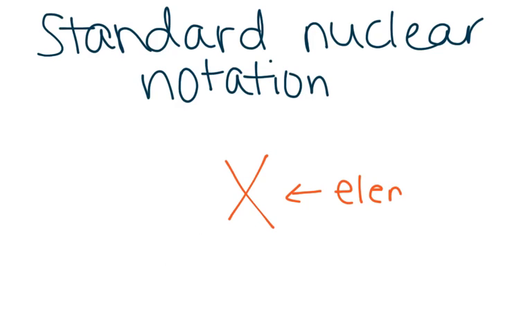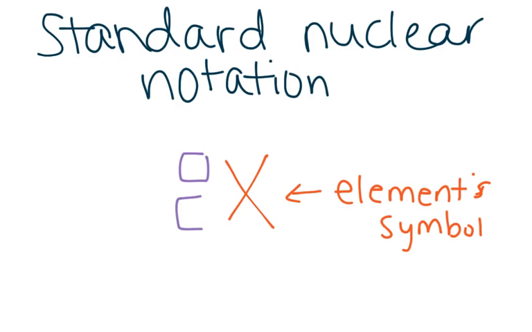So this is the element's symbol. And around the symbol can go different numbers. Eventually, we're going to learn what goes into all four corners, but we're only going to deal with the left two right now.